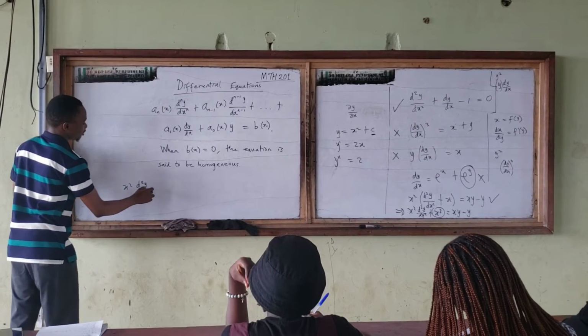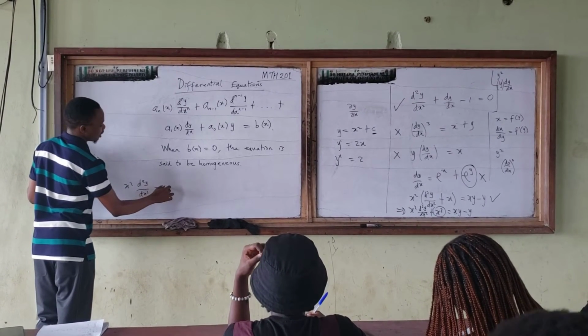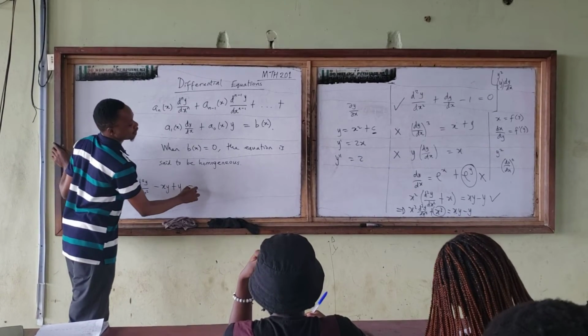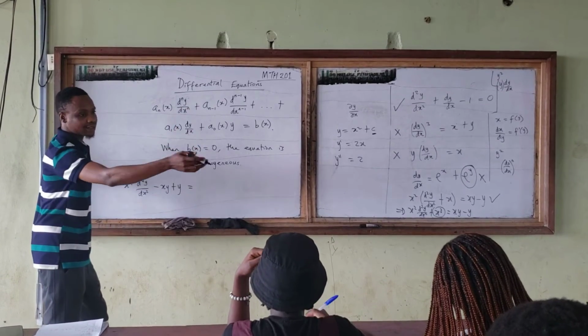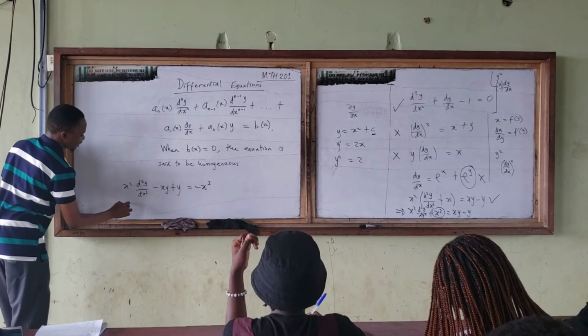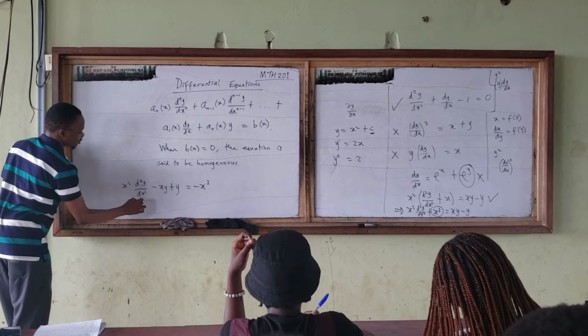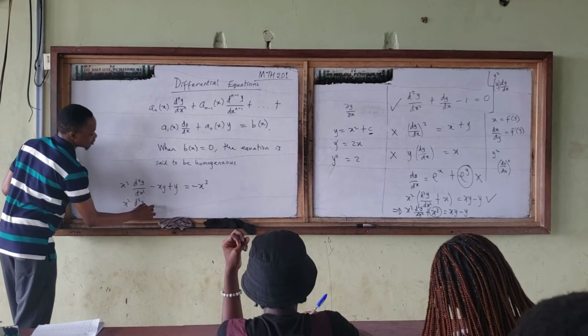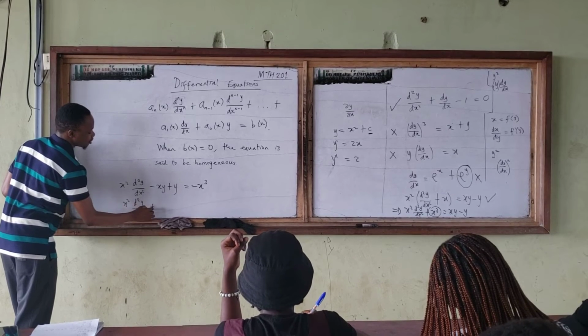That's going to be minus xy plus y. I can carry the one that carries only x to the other side too, that will be minus x cubed. So at the end of the day, we have x squared d squared y by dx squared minus xy plus y.